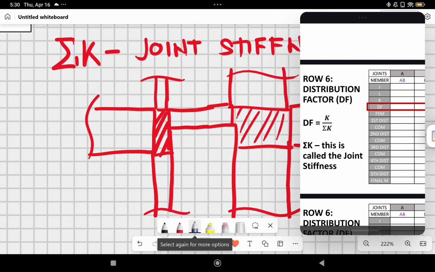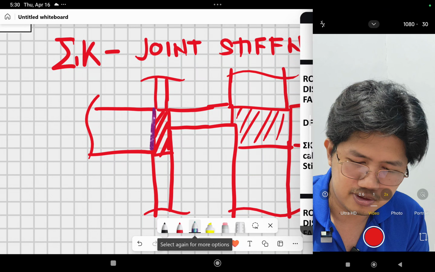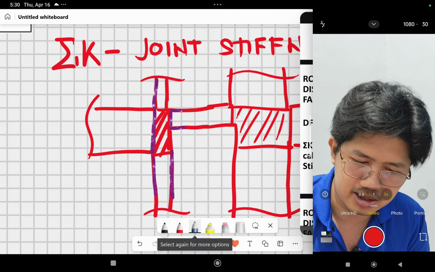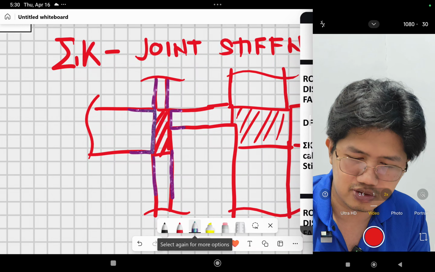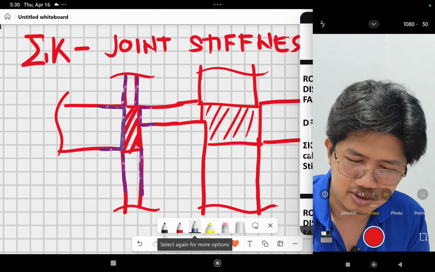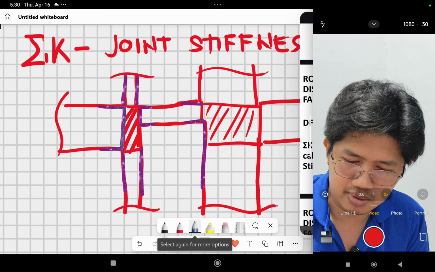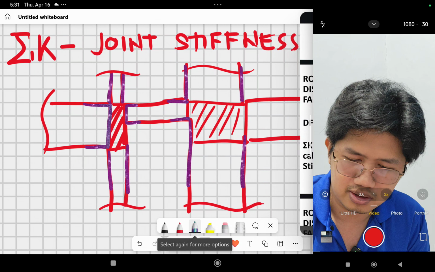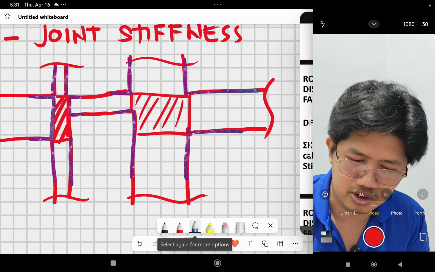If, sabihin natin, this one is stiff, this one is less stiff, and then this one is manipis na poste. Ito lang yung malaking section, itong beam na to. Pagdating dito, yung beam na to connected dito, and then mas malaki na poste, malaki yung poste dito, malaki yung poste doon, and then medyo malaking beam doon.